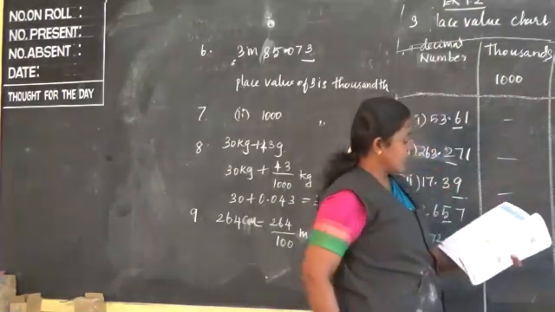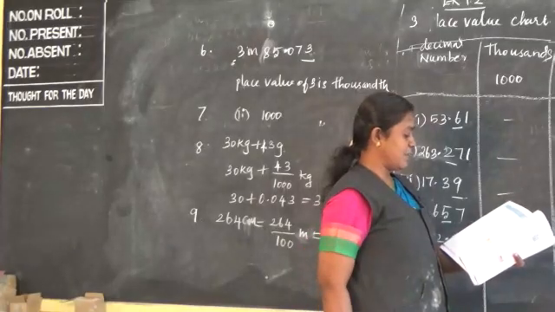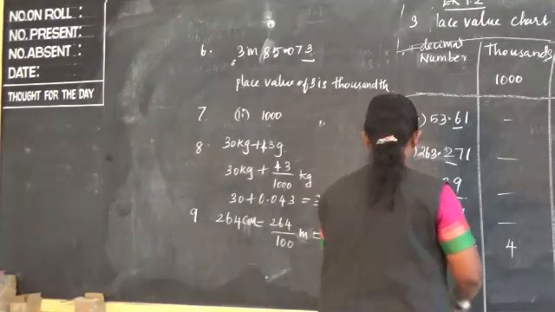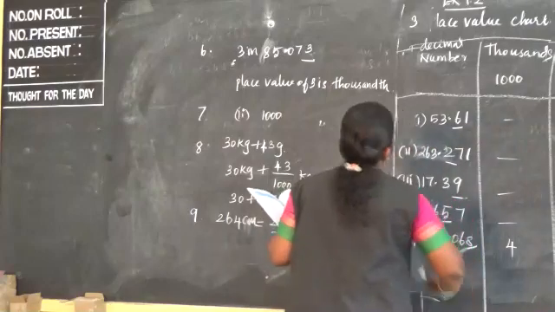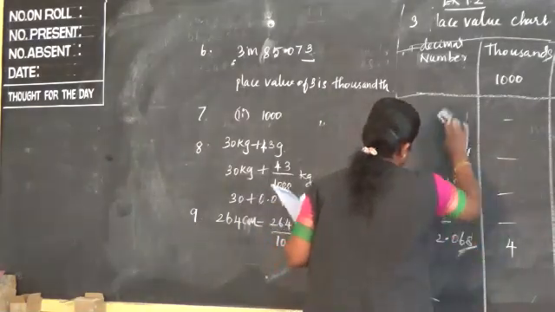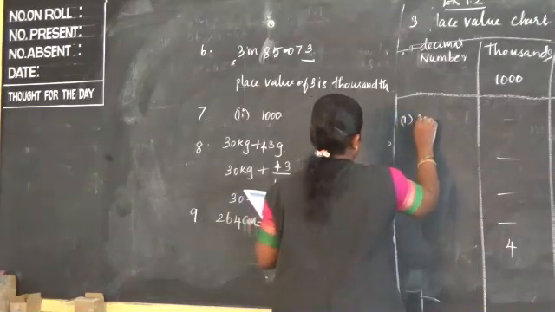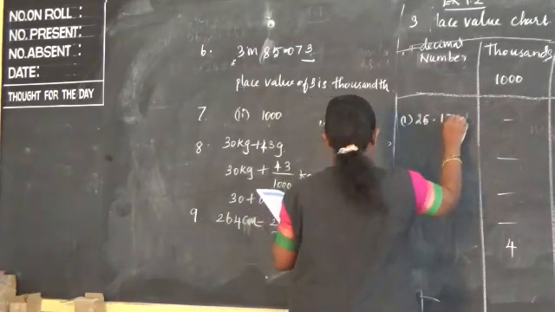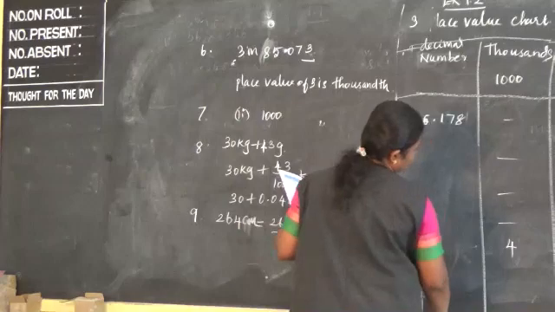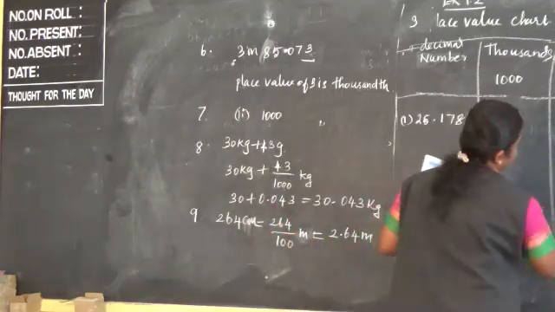So again we have to write the decimal places in the place value table. What is the first Roman given to us? 25.178.